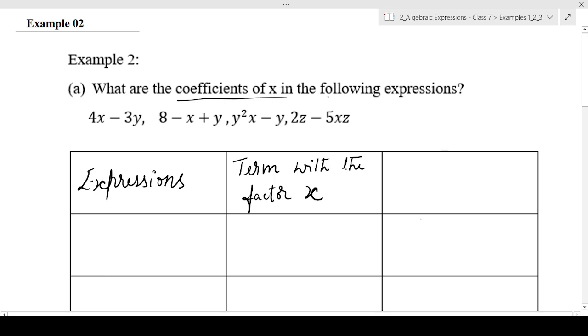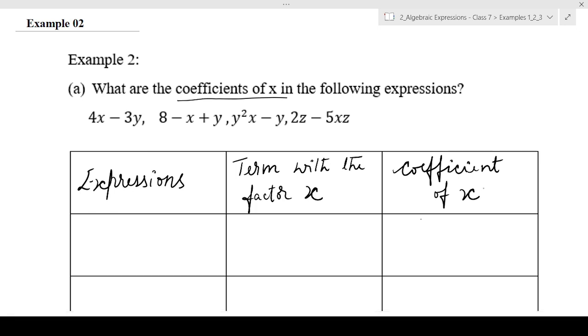And in the last column, we need to find out the coefficients. Right, so let us find out the coefficient of x.